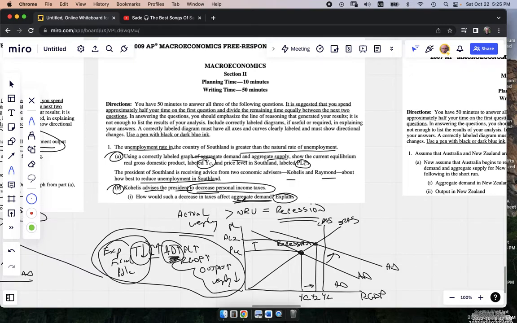How would a decrease in taxes affect aggregate demand? Well, taxes go down. I would say consumption goes up. You got to use that determinant of aggregate demand to say that therefore aggregate demand went up. Taxes go down, consumption goes up, aggregate demand goes up. I think you can stop there. I like all of that. And obviously you wouldn't use arrows, you'd explain it.